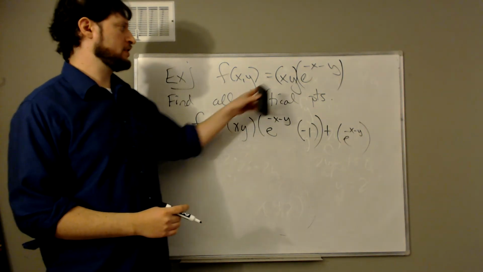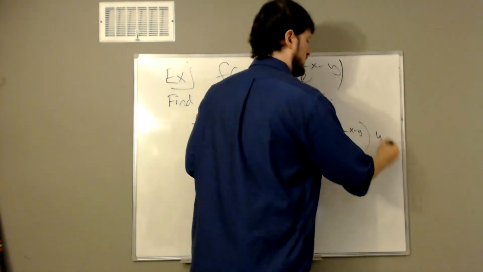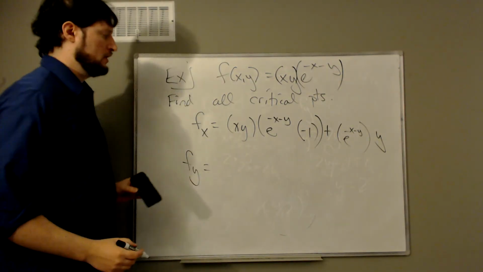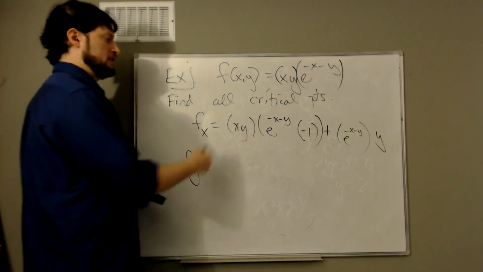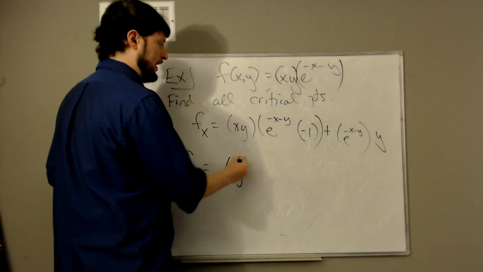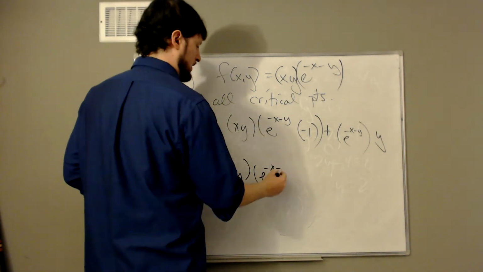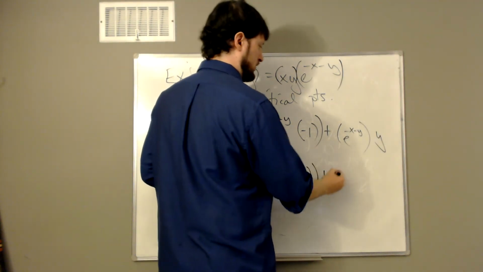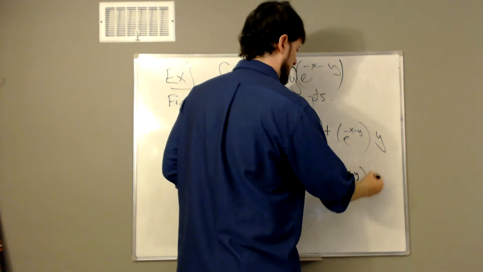If x is the variable and y is the constant, the derivative is y. F sub y is going to be exactly analogous. We get xy e to the minus x minus y times -1 plus e to the minus x minus y now times x.